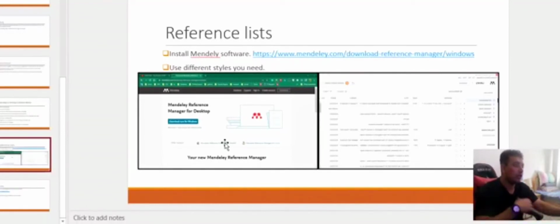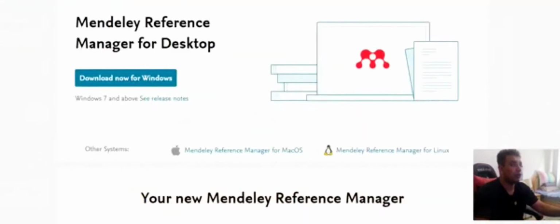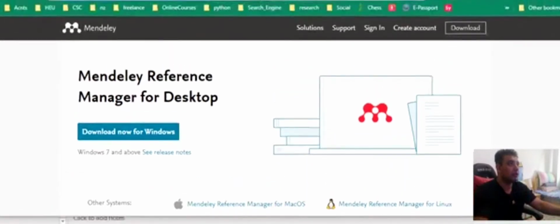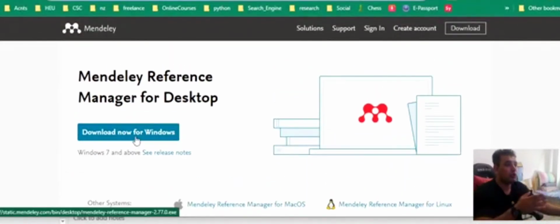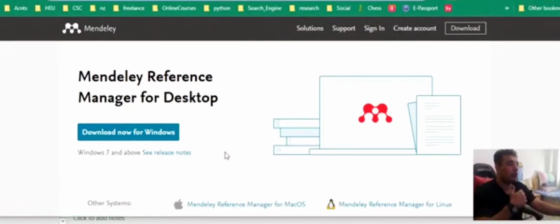For that, the most commonly used tool, which is also free on the internet, you can download from this link. I will give it in the description, so you can download it from there. I will show you how to download it, and then you can directly go to your Google Chrome and download it from here for Windows, also for MacBooks, and also as an app for mobile.